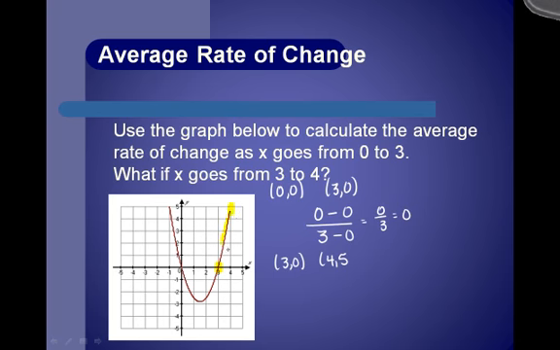And we basically want to calculate the slope of the line going from x is 3 to x is 4. So when we plug into our slope formula, with x1, y1, x2, y2, we get 5 minus 0 in the numerator, 4 minus 3 in the denominator. So the average rate of change from 3 to 4 is 5.